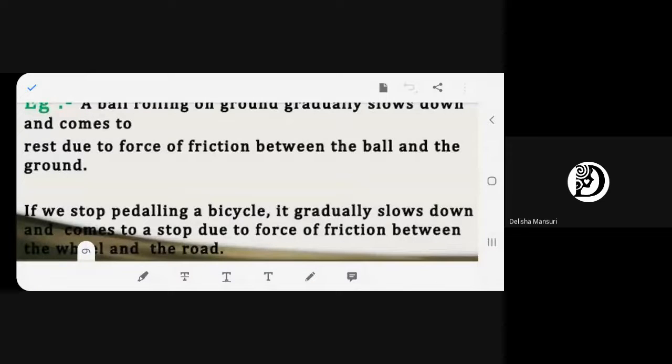Yes, beta, start. Now you're not pedaling a bicycle. That means you're not applying force onto the bicycle. Pedaling is what? You're applying force so that the cycle will move. Now you stopped. You're not giving force. So when you don't give force, obviously the cycle will stop after some time.